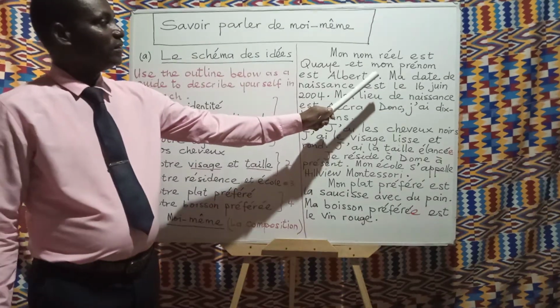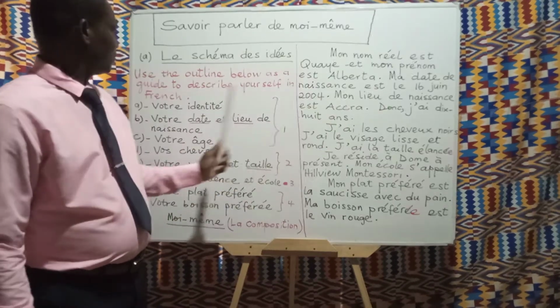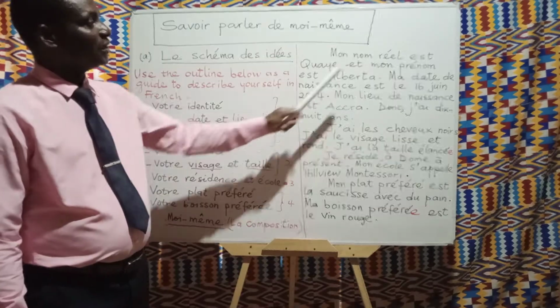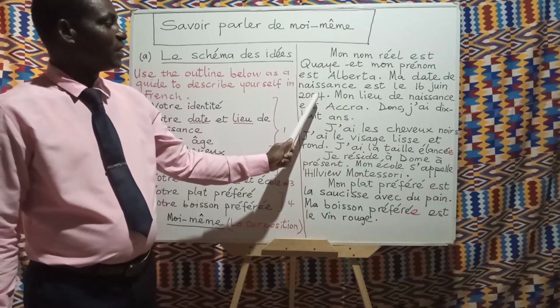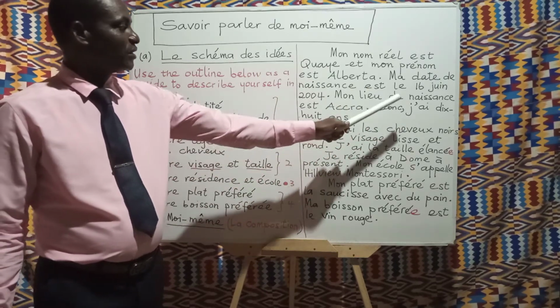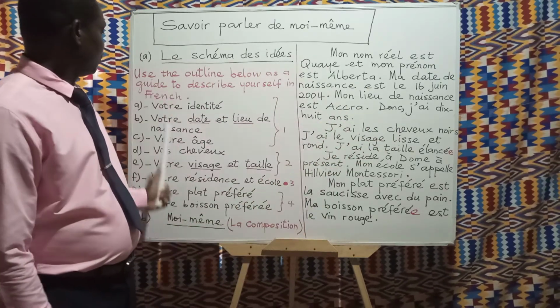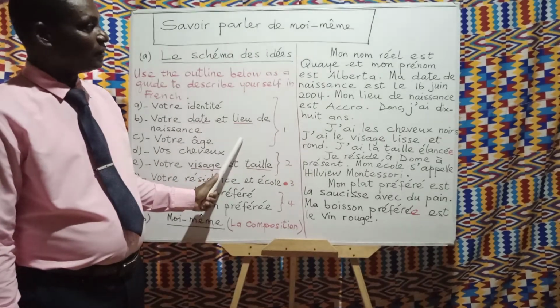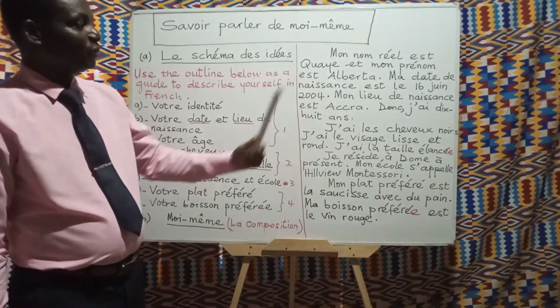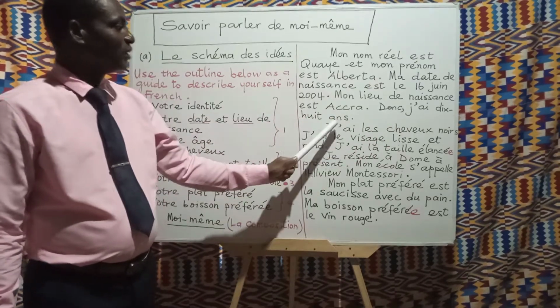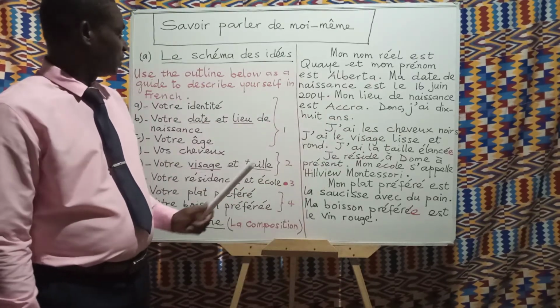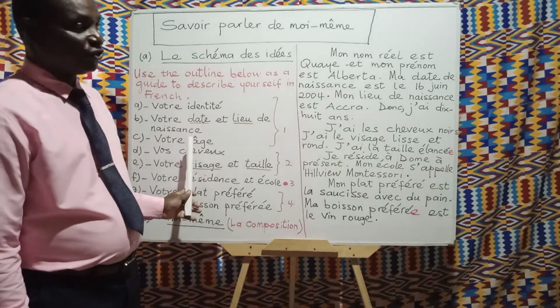And then, this has to do with the votre idée. Then, ma date de naissance est le 16 juin 2004. Mon lieu de naissance est Accra. Has to do with the B. And then, to continue, I have donc j'ai 18 ans. J'ai 18 ans. That is the age.